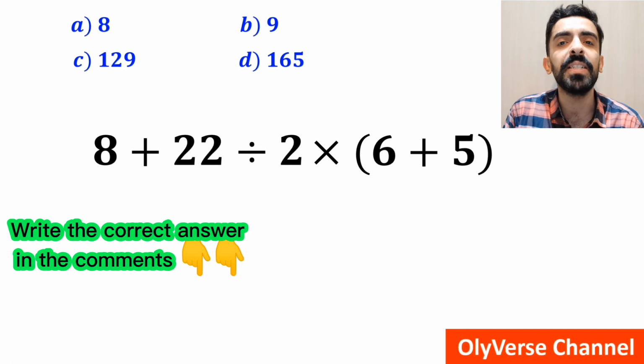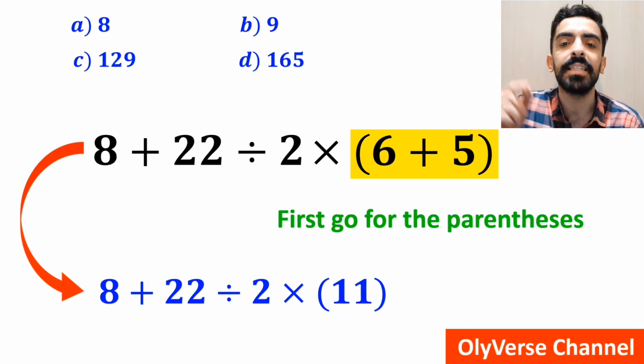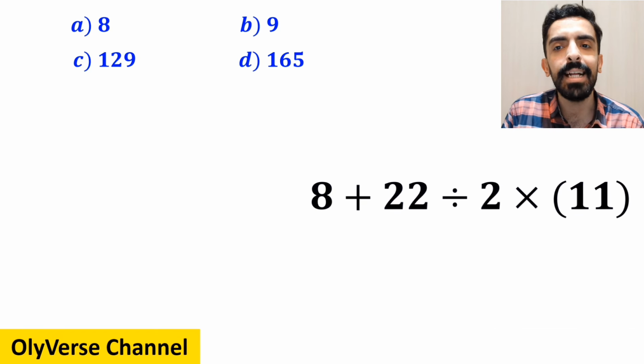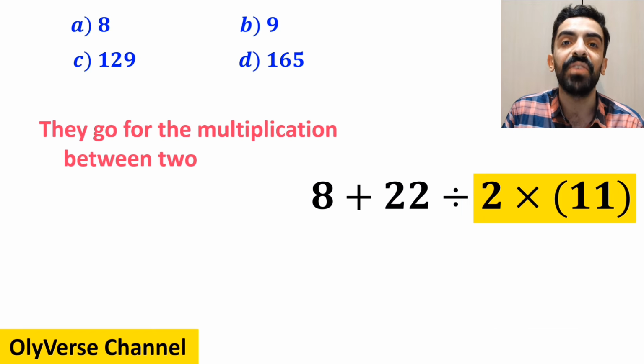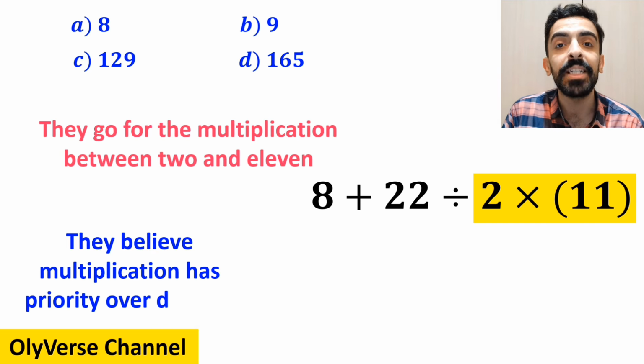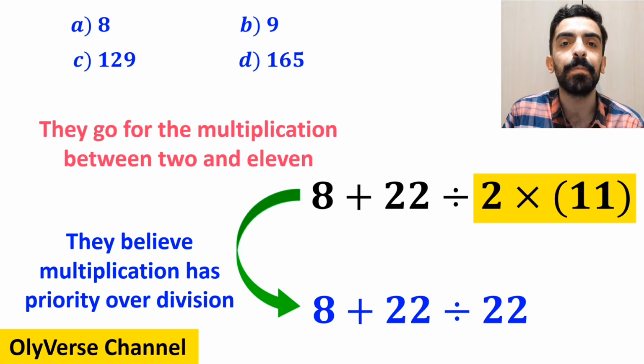Also, some other people when solving this question first go for the parentheses and write this expression as 8 + 22 ÷ 2 × 11. And the next step, they go for the multiplication between 2 and 11 because they believe multiplication has priority over division. So, this expression simplifies to 8 + 22 ÷ 22.